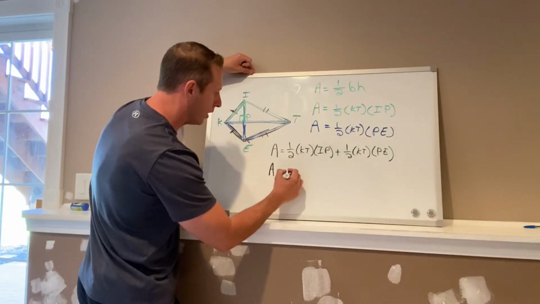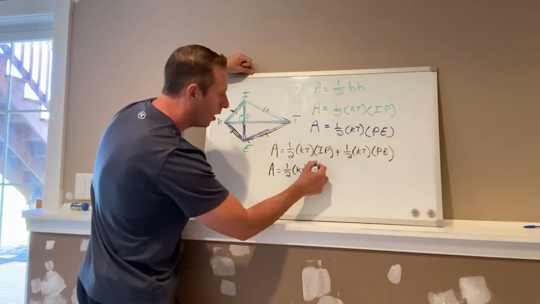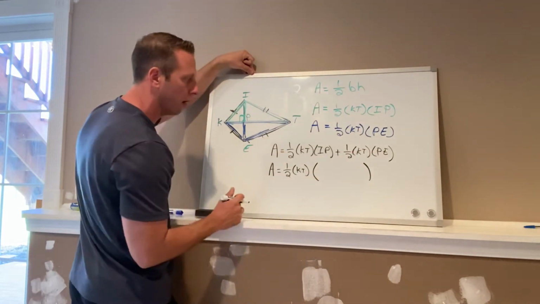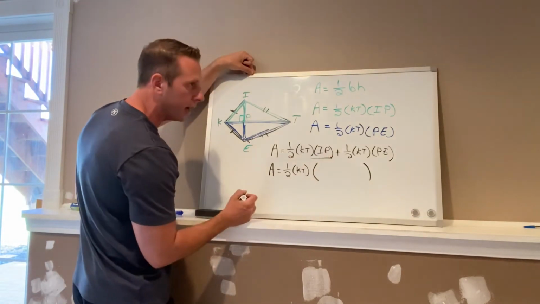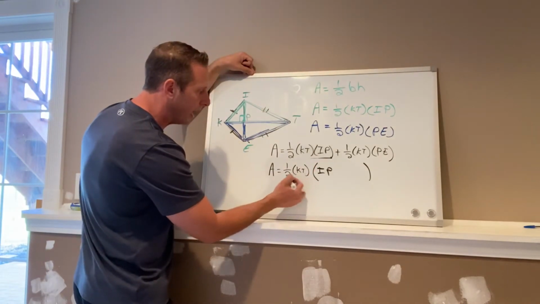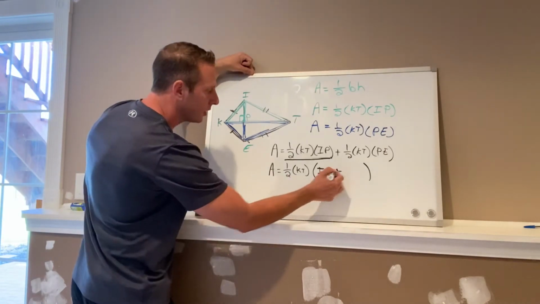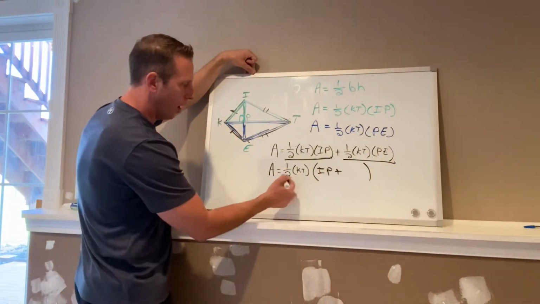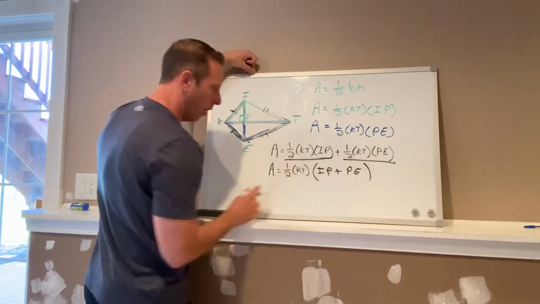The area equals 1/2 KT, and now I'm multiplying it by something to get our original. 1/2 KT times IP gives us 1/2 KT IP. Plus 1/2 KT times PE gives you all that.